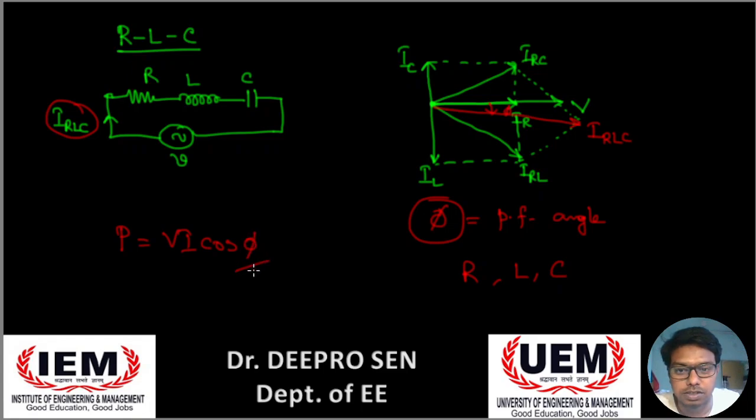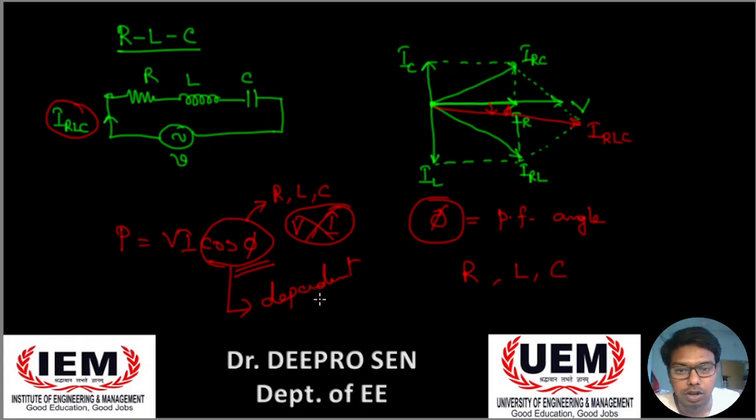So you can see that cos theta, which I have already explained in the power factor video, is dependent on R, L, and C. It is not dependent on V or I. So power factor is something which is dependent on load parameters only. Please remember this, guys. This is very important. Power factor is dependent on the load parameters only.